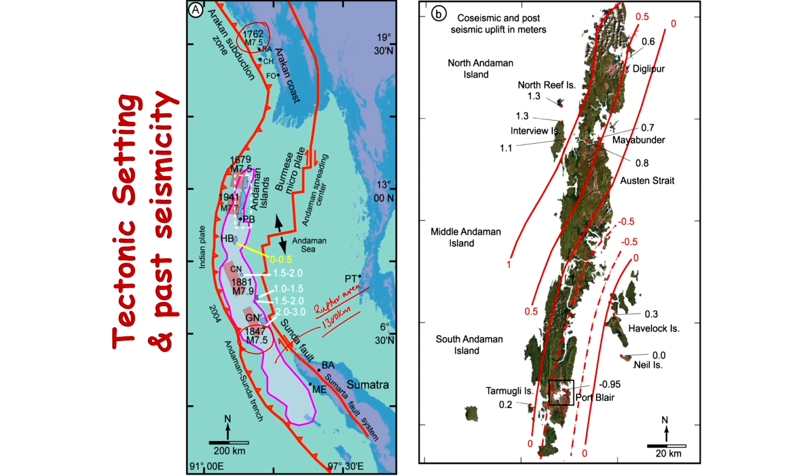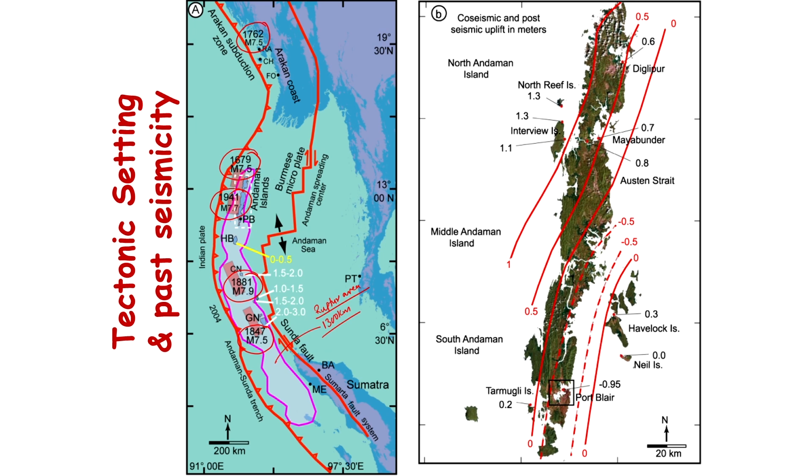It also resulted in a tsunami. Then we have 1679, 1941, 1881, and then 1847. So, this shows that this area has remained active in the past, and it proved in 2004 that it can trigger or host mega subduction zone earthquakes.